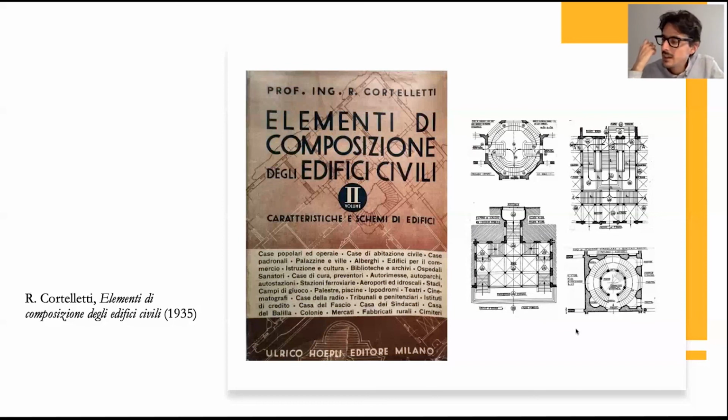But I'm actually convinced that composition is something that allows architects to produce smart configurations, also in terms of logics, elegant, logical diagrams. I have started to realize this power of composition starting from this handbook, which is entitled The Elements of Composition of Civil Buildings.